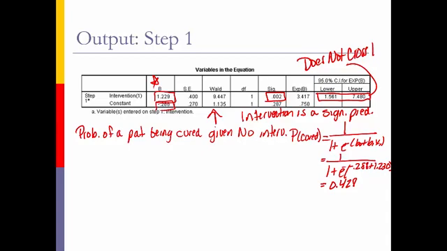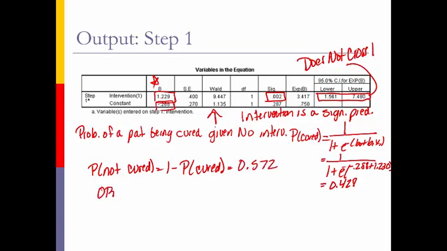So the probability of them not being cured is equal to 1 minus p of cured, right? It's just the remainder, which is 0.572.